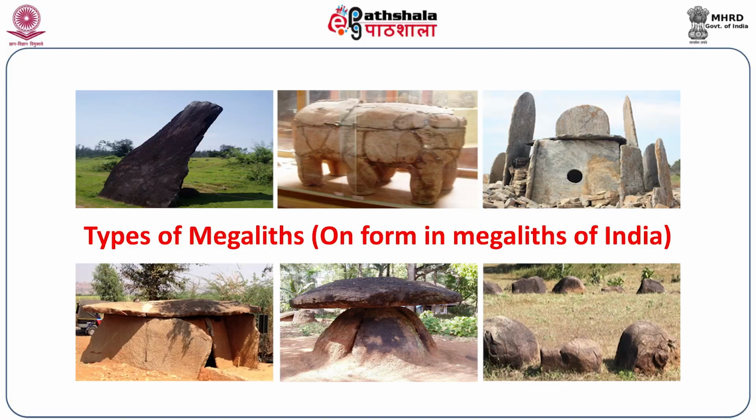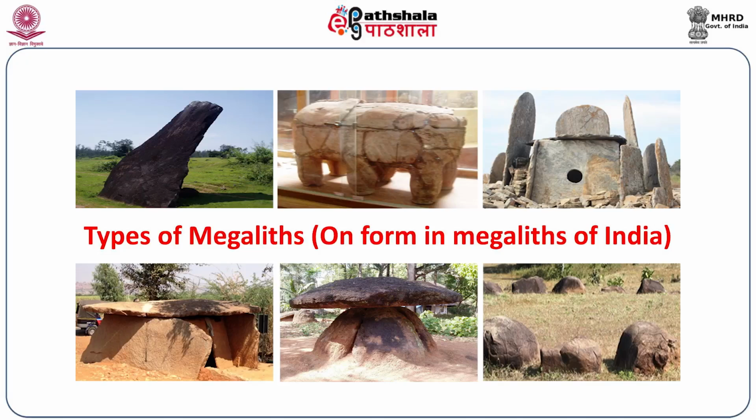In the lower row on the left, what you see could be a cist. Cist burial is actually a small chamber created using stone slabs. It has 4 slabs on the 4 sides and 1 slab as a capstone on the top. The cist burials also have the portholes. The one in the center lower row is called Kudakkal.